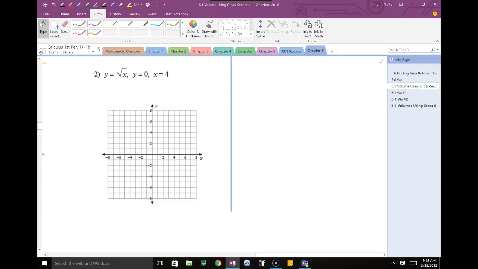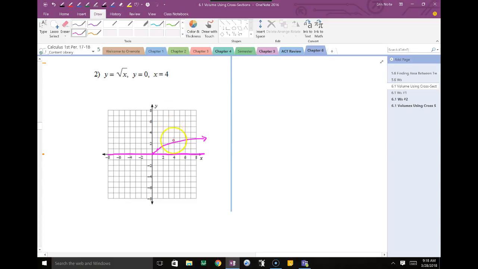Okay, so what does the equation of square root of x look like? It's the one that starts at 0, 0, and then goes up as a half parabola on its side, right? Good, so it looks like that. Then what does y equals 0 look like? That's just the x-axis. And what does x equal 4 look like?